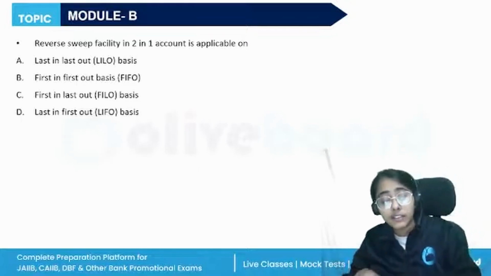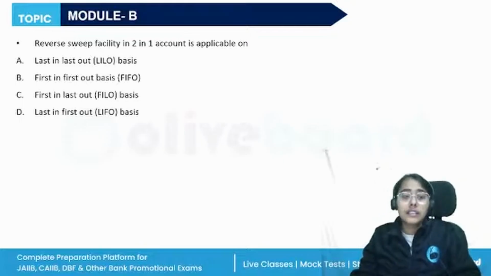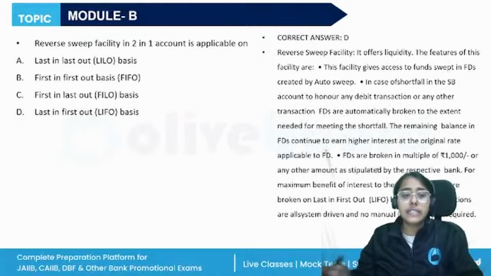So for answering this question, you should understand the meaning of the reverse sweep and the auto sweep. So what will be the correct answer? The correct answer will be option D, last in first out basis.